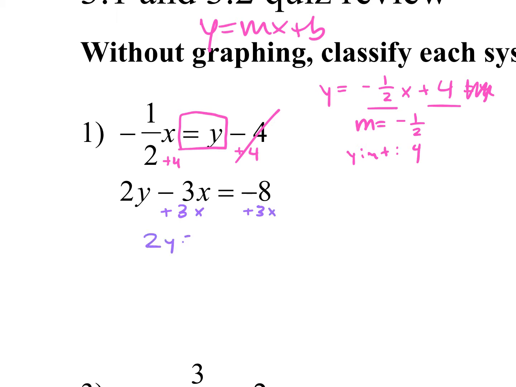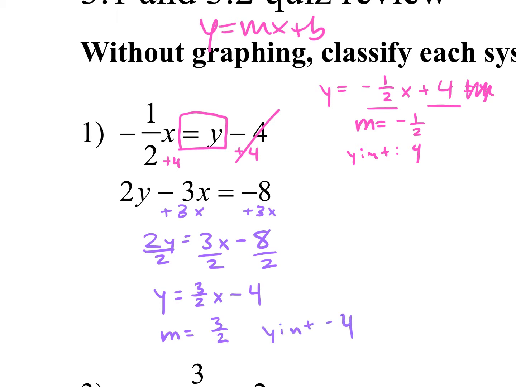So 2y is equal to 3x minus 8. Then what should I do? Divide everything by 2. So y is equal to what? So what's my slope? 3/2. And what's my y-intercept?